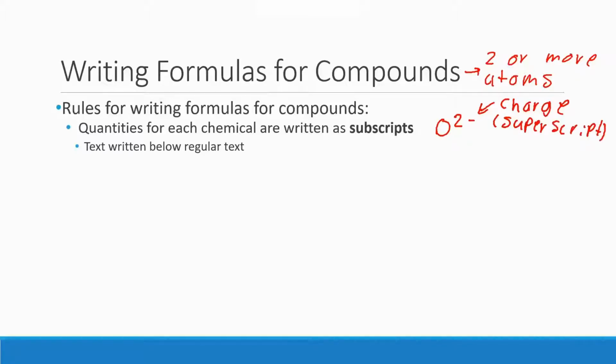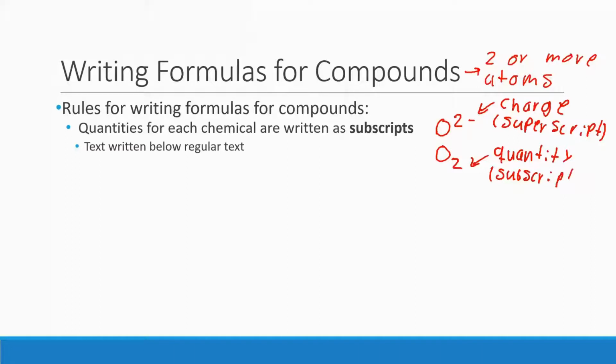To contrast with that, we have our quantities that are going to be written as subscripts. So if you were to take an oxygen molecule, it's O2. What this 2 means, and you can clearly see that it's written slightly below, is that in an oxygen molecule, you have 2 oxygen atoms. And again, it's written as a subscript.